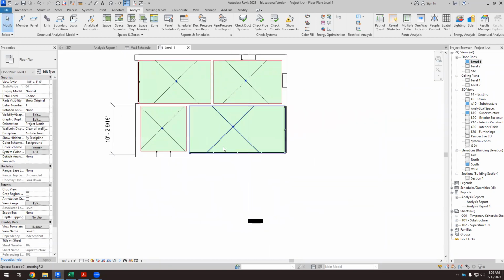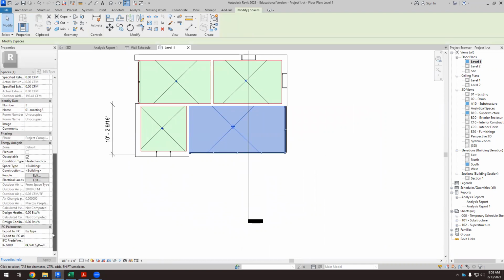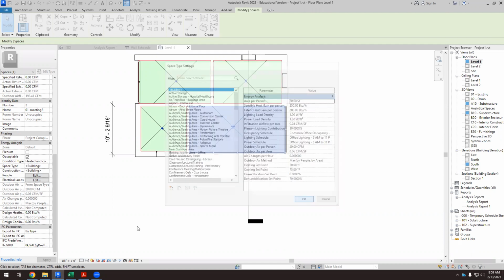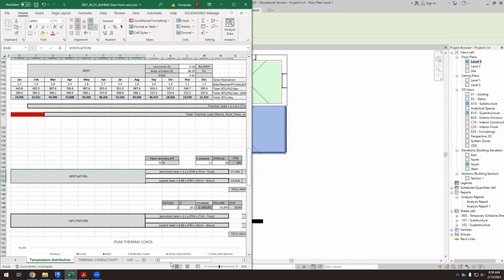So in Revit, we calculated that space, and in space type, here we have the area per person. Then we had the outdoor air per person, which is 20 CFM. So that's the ventilation parameters. What can we do here?